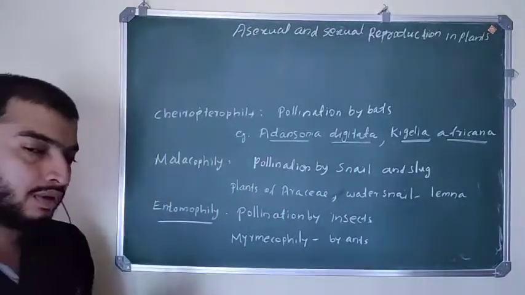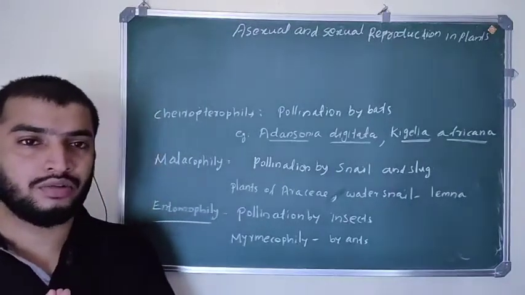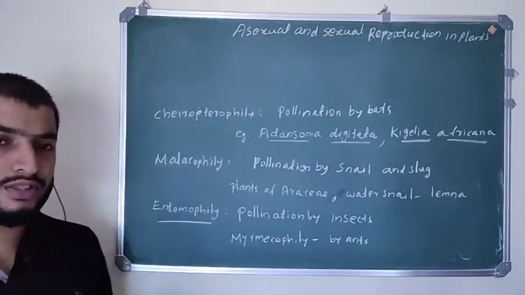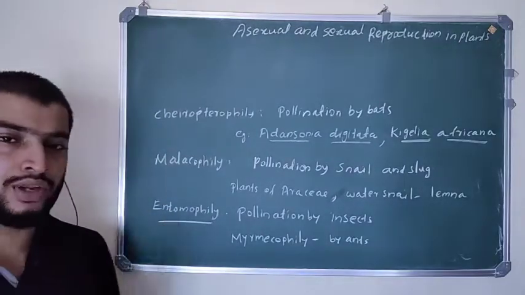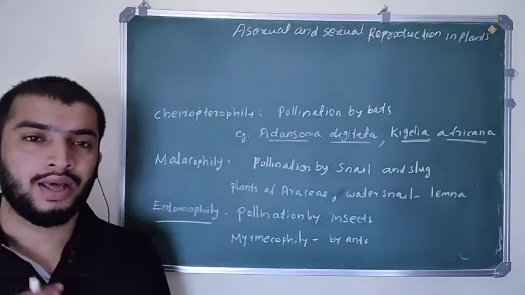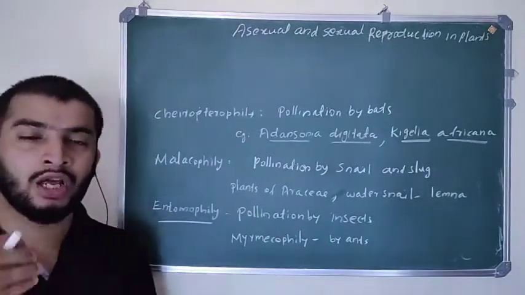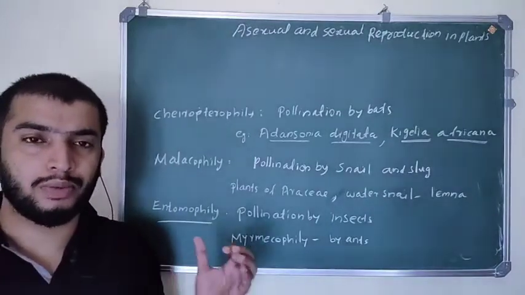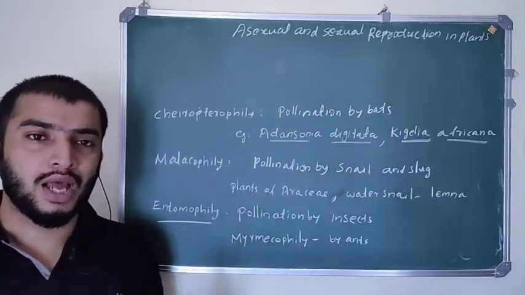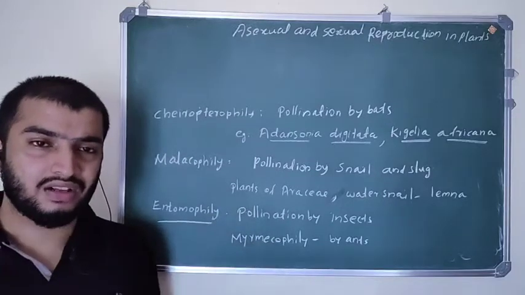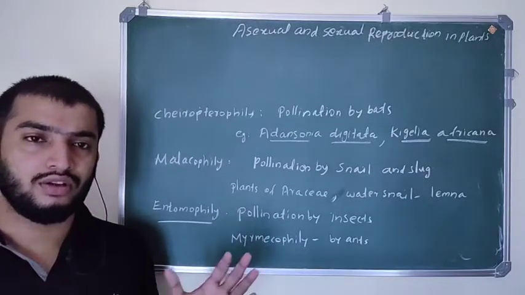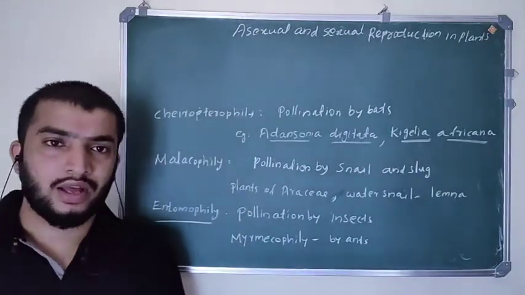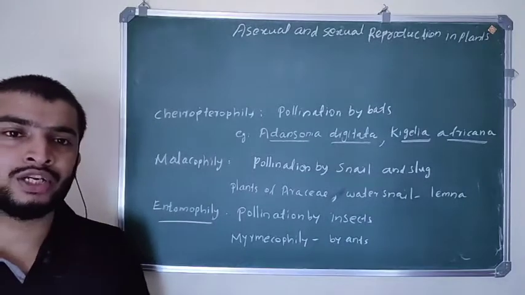And another important pollinating agent is the insect. Pollination with the help of insects is called entomophily. That is very important. Different types of insects help in pollination: butterflies, bees, beetles, wasps, ants, moths, etc. Ants also help in pollination.